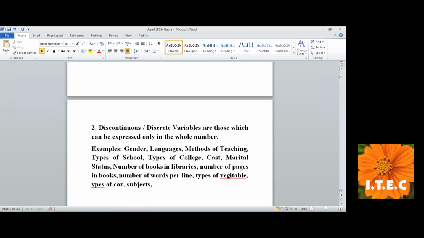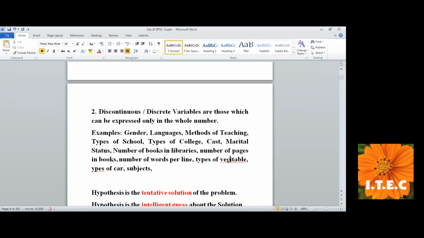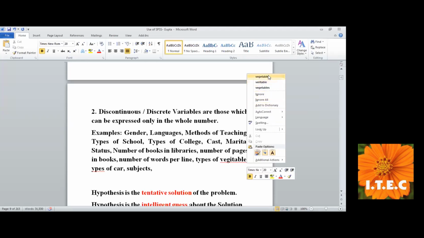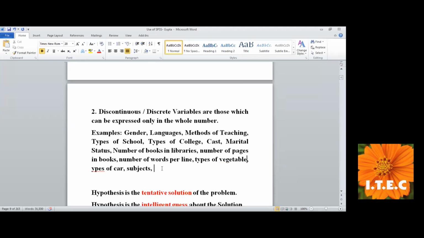Do you want more examples or is it all right? Types of item.